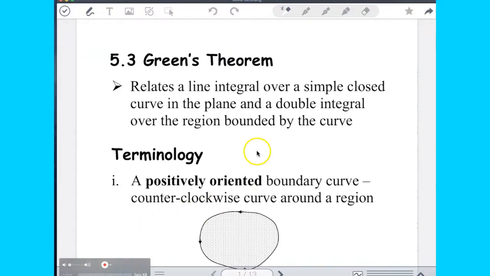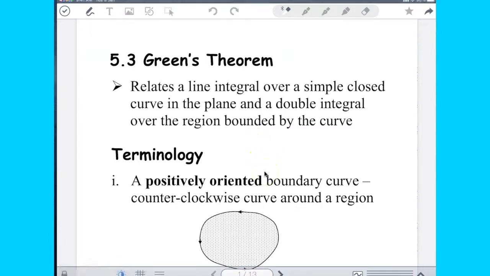Now we want to know what is inside Green's theorem. This one still has to do with the line integral, but using this theorem, your computation becomes simpler.